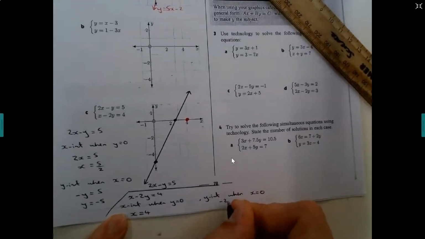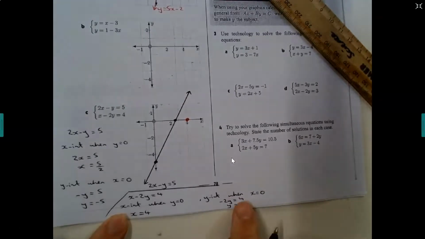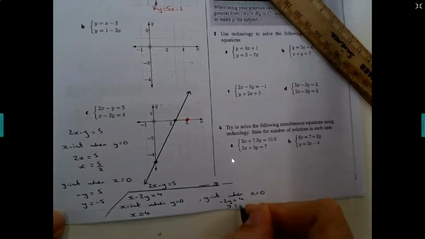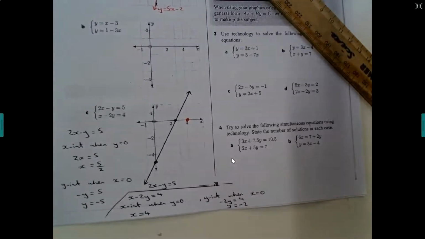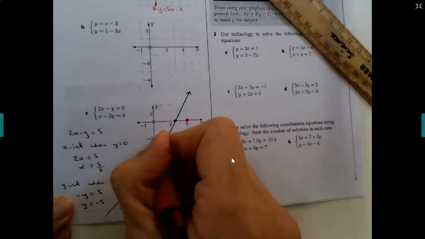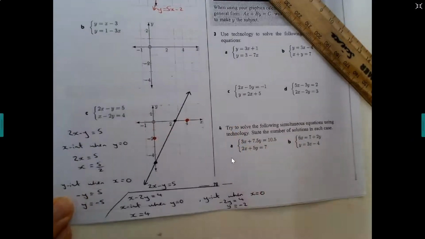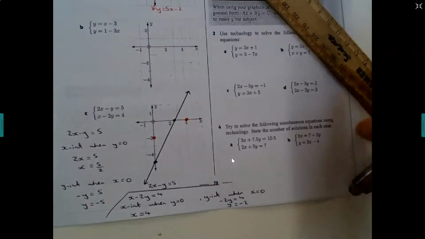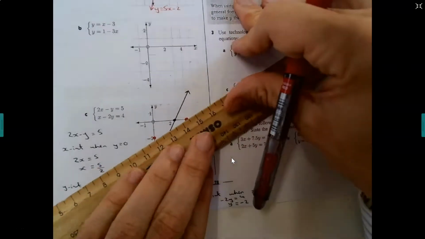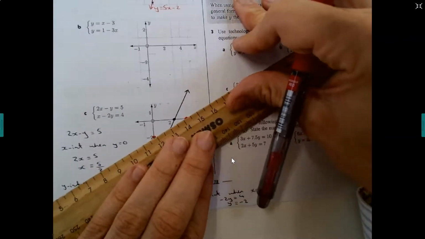So minus 2y is equal to 4. So y is equal to 4 divided by negative 2, which is negative 2. So when x is equal to 0, y is equal to negative 2. And then we can graph this.